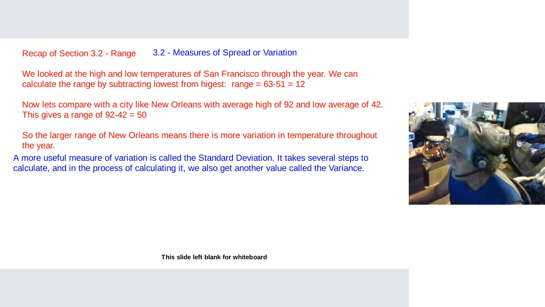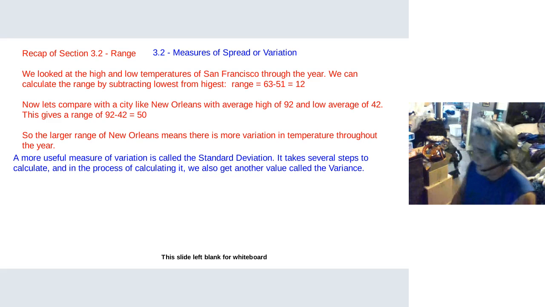So 0 plus 25 is 25. 50 plus 25 is 75. 100 plus 25 is 125, and so forth. So that is the midpoint. What we're going to do is take the middle, and we're essentially going to do an approximation, using that number to represent all 10 of those in there.